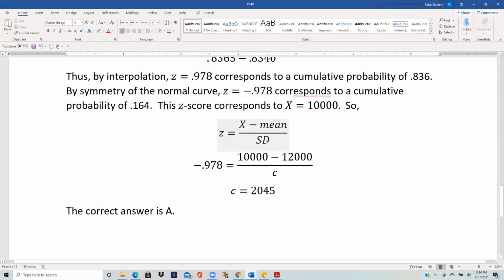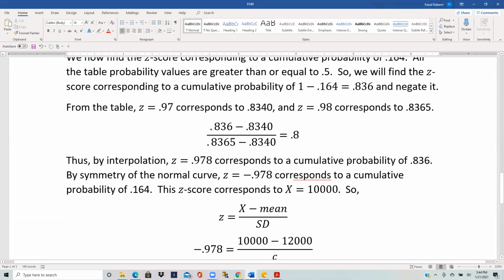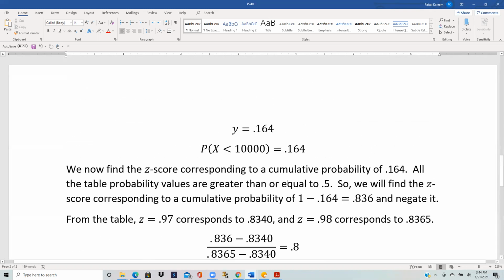And C was the standard deviation. But for this, we have to first have the z-score. So we're talking about a cumulative probability of 0.164.